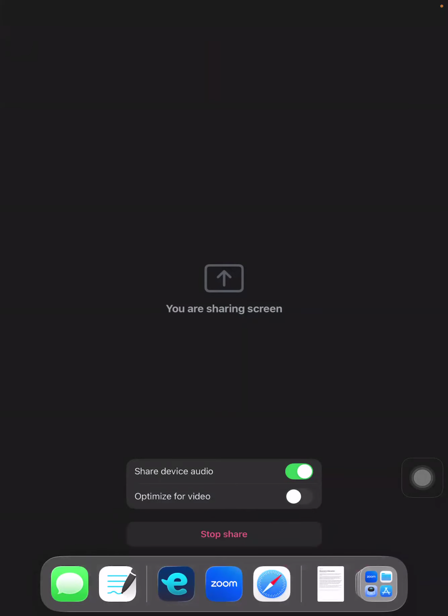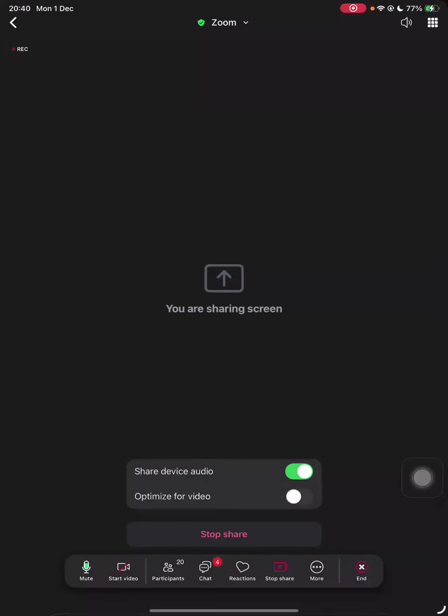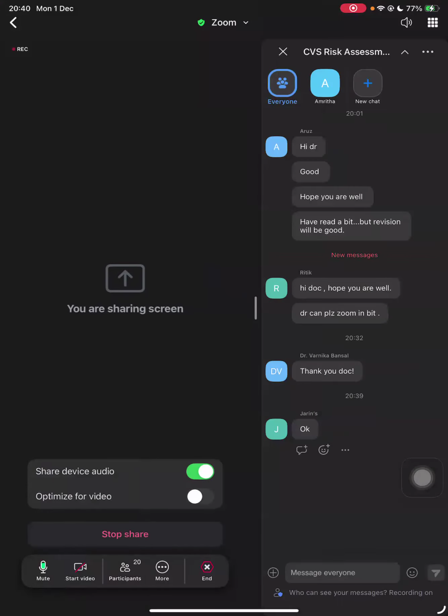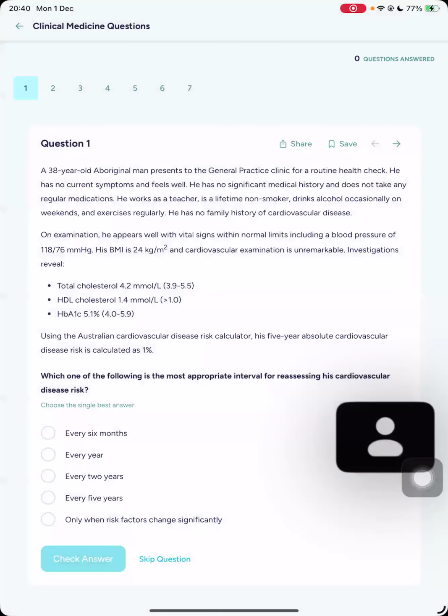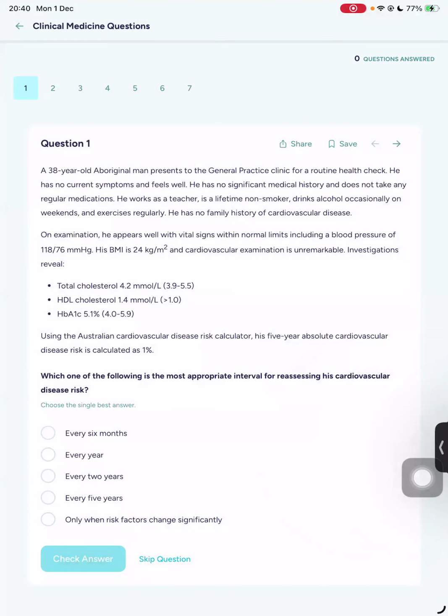If someone knows how to see the messages while doing the Zoom session on an iPad, because of the app or anything, I have no clue. If someone has any idea, please help me. I'm not very good with this Zoom and everything. So, okay, let's do our first question.